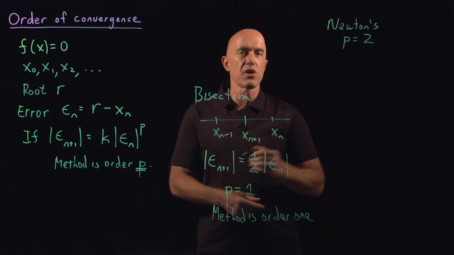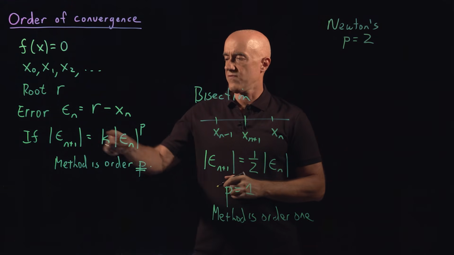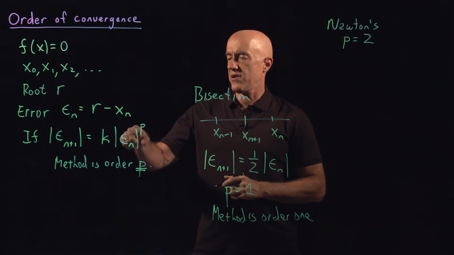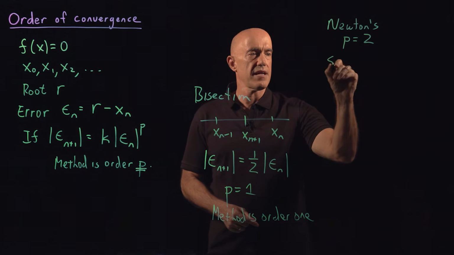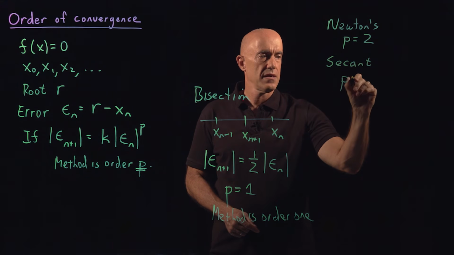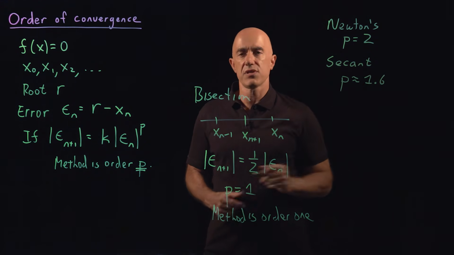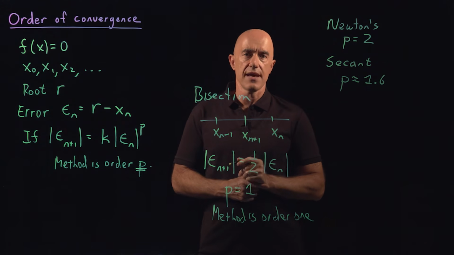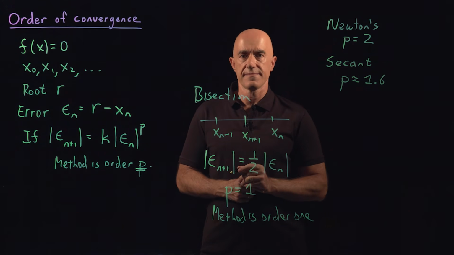We can look at some numbers and see how fast something will converge if the error goes down as the square. Secant method is somewhere in between, so p is approximately 1.6, which is still much faster than a linear convergence of p equals 1.